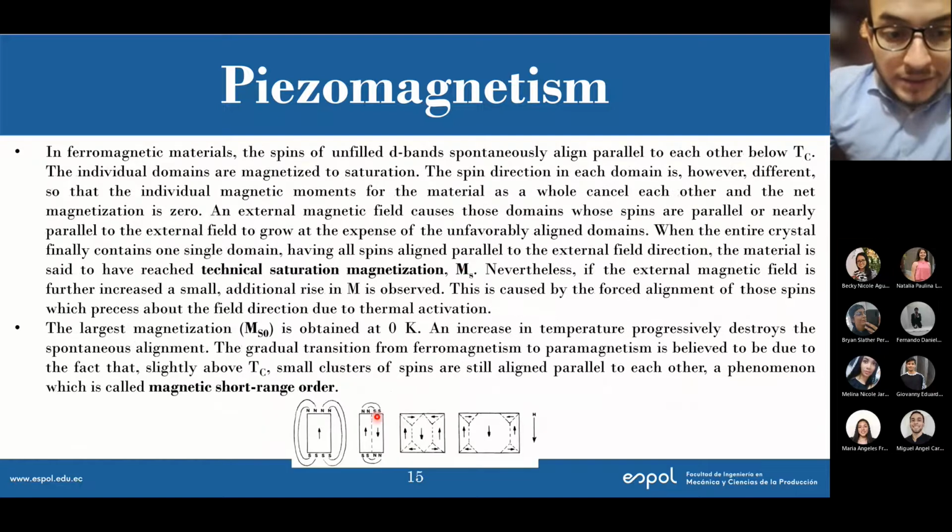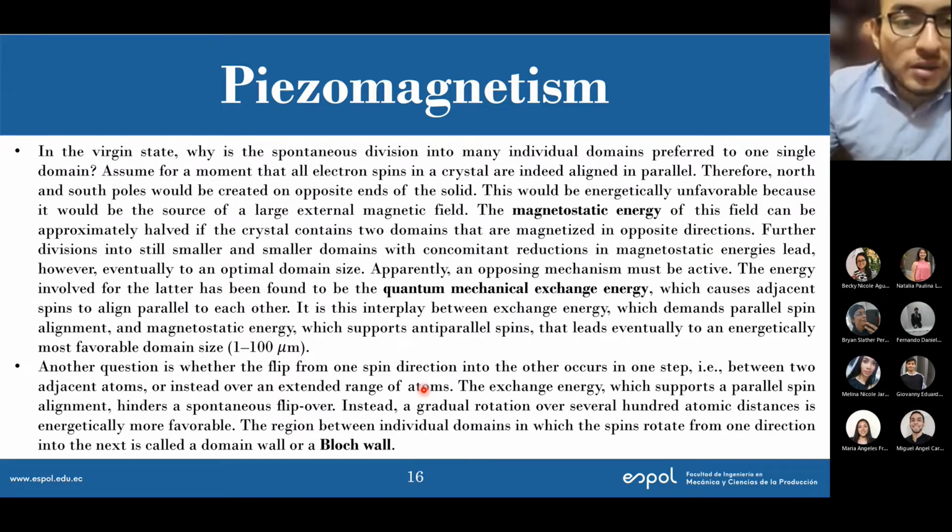So why is it that instead of having only one single domain, I actually have a division of many domains? And then, again, as I said, the domains that are favorably oriented will start consuming the other ones. But why is it preferred to break into many domains rather than have only one single domain?